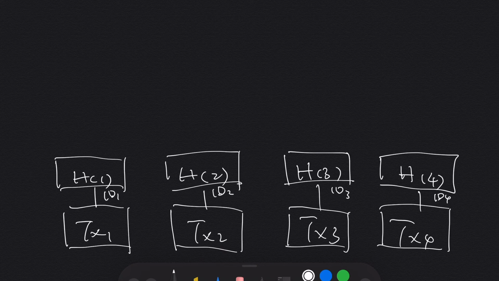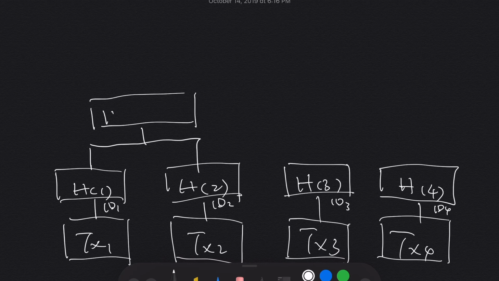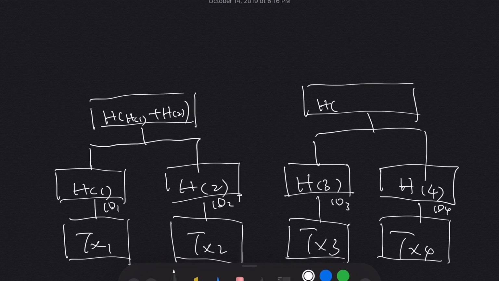We treat those hashes as the leaves of the Merkle tree, and basically a Merkle tree is a binary tree, so the non-leaf node is a combination: it hashes the concatenation of the hashes of its two child nodes. So that would be a hash of the hash of transaction 1 plus the hash of transaction 2. The same thing for 3 and 4: a hash of the hash of transaction 3 and the hash of transaction 4.